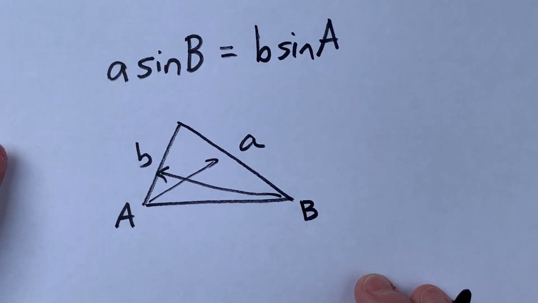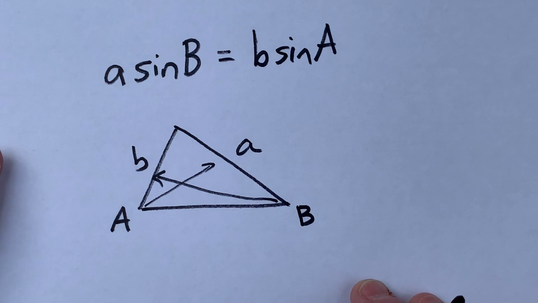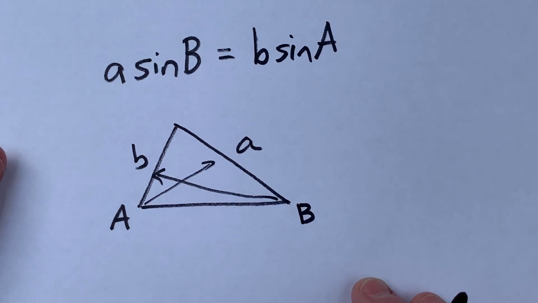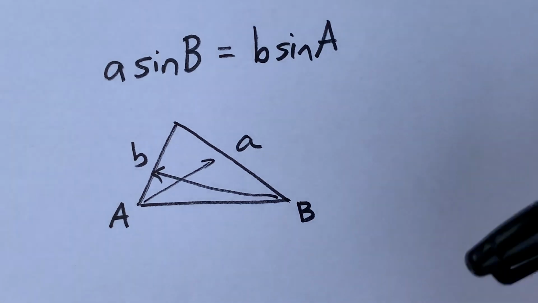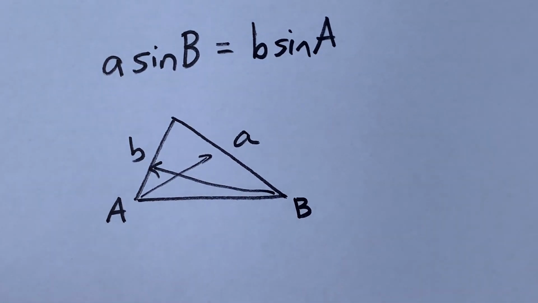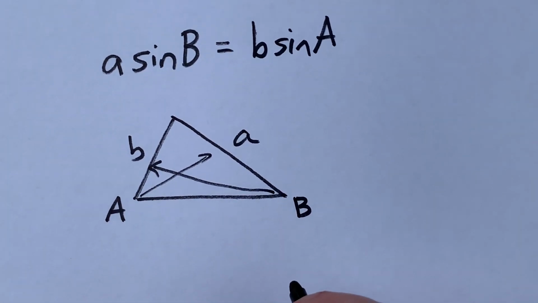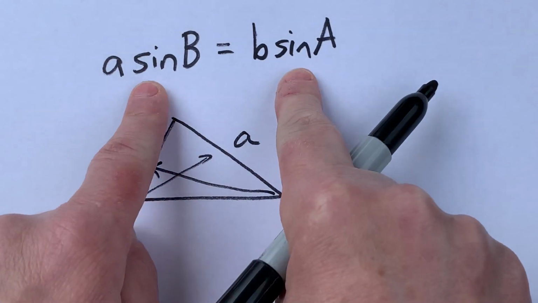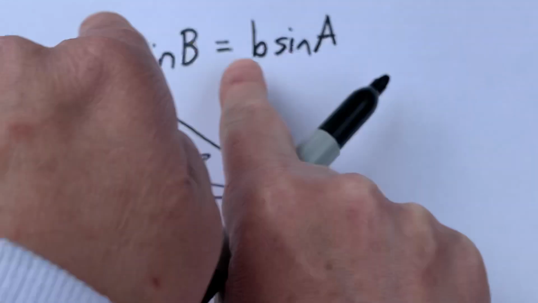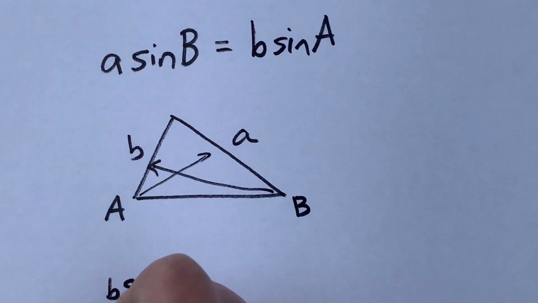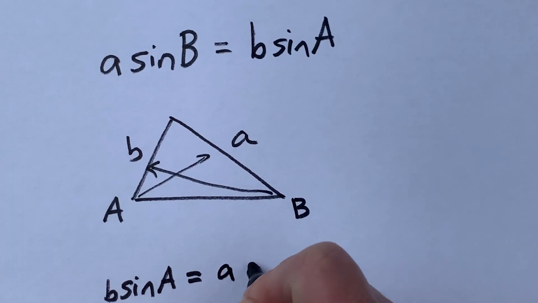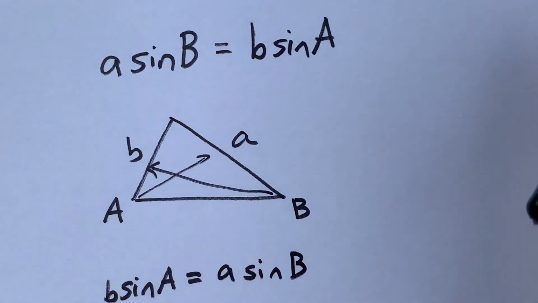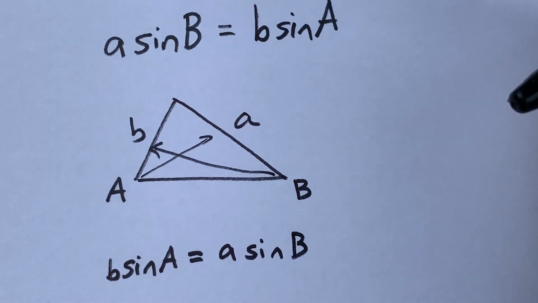But you know what? I'm a tidy person, and so I want to get all of my A's on one side and all of my B's on the other. I also want to get all my A's on the left and all of my B's on the right because I'm super duper tidy. So the first thing I'm going to do is use my reflexive property and say b sine A is equal to a sine B. All I did was flip-flop my equation.